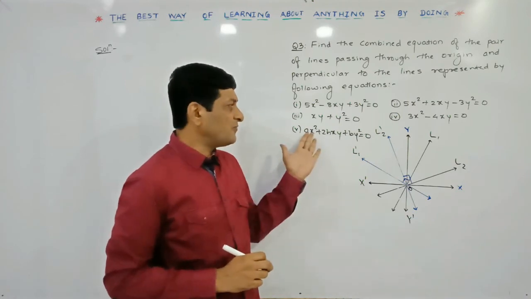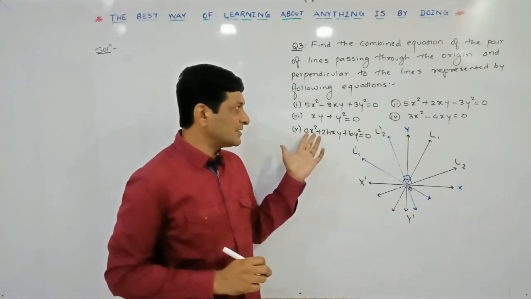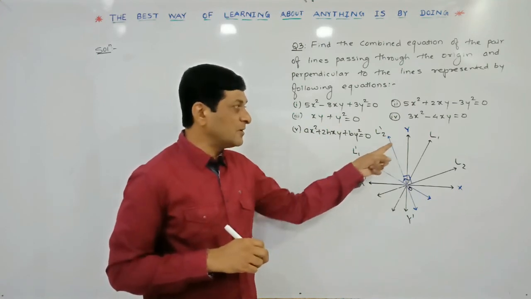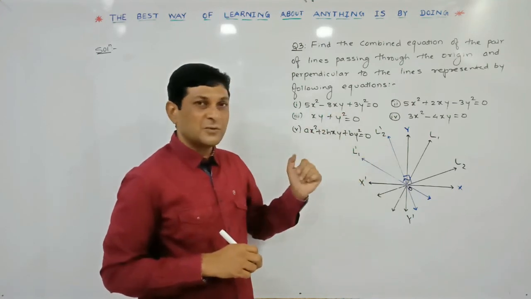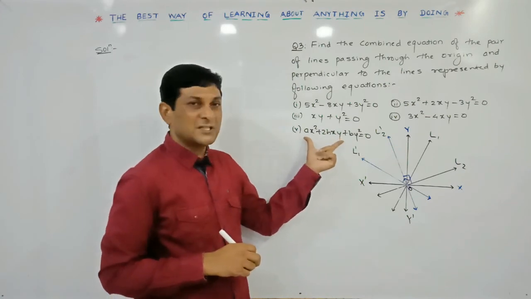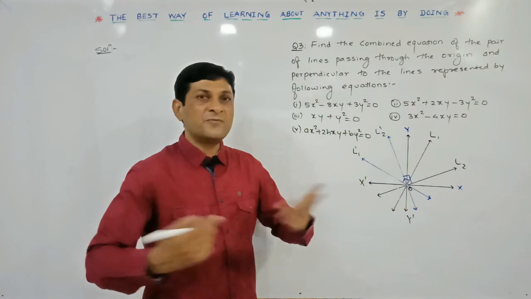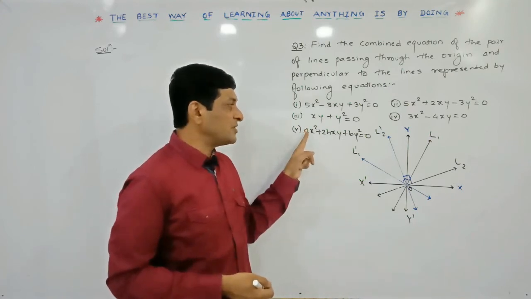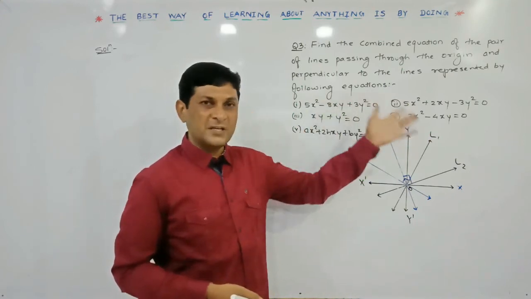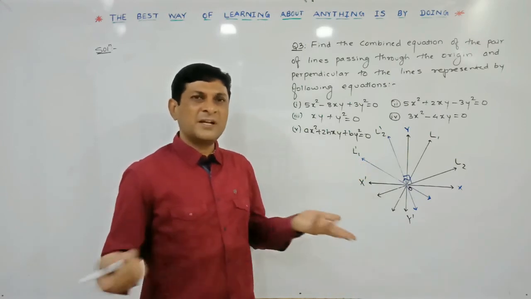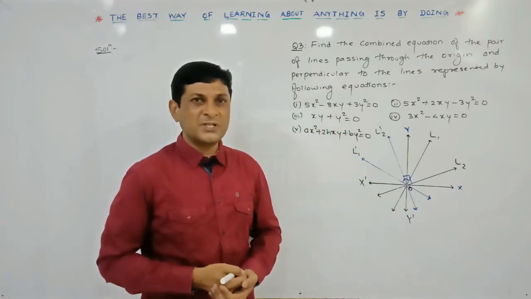So instead of finding the combined equation of the lines perpendicular to the lines represented by this equation, we will solve the example for this equation, and from this equation we are able to form infinite equations just by changing the values of a, h and b. If we change the values of a, h and b, we will get infinitely many homogeneous equations.